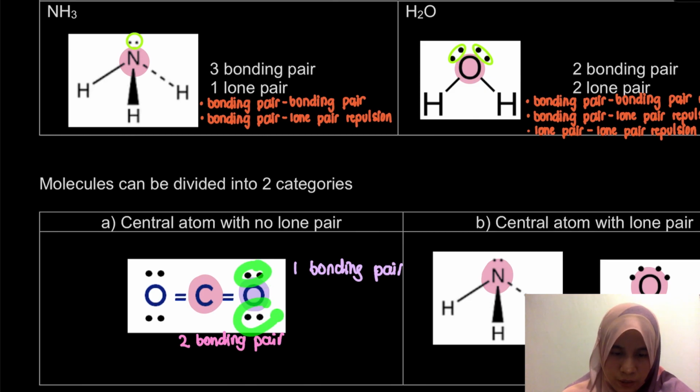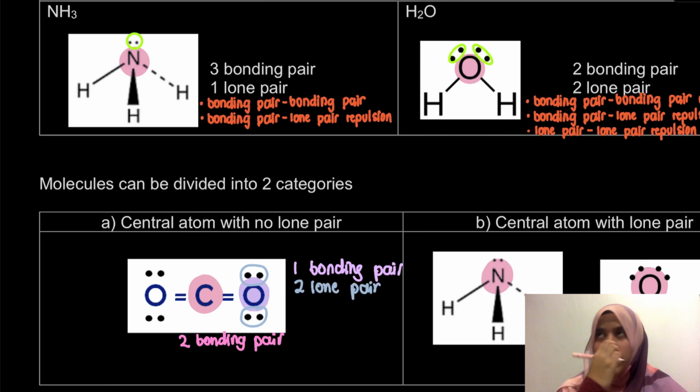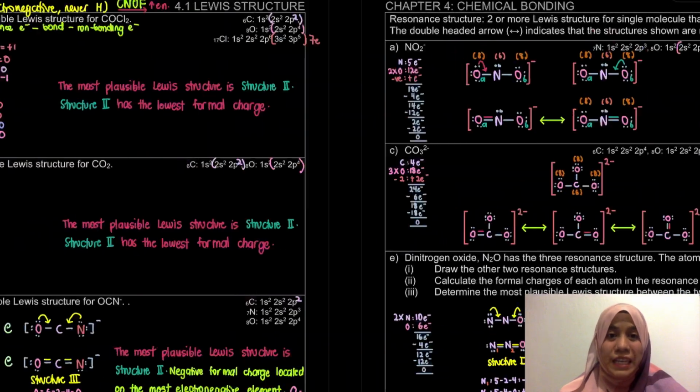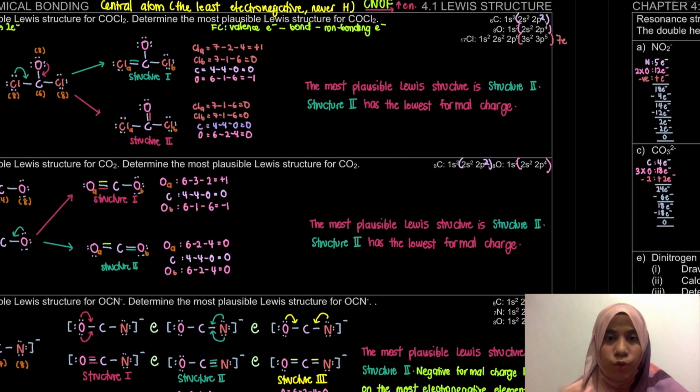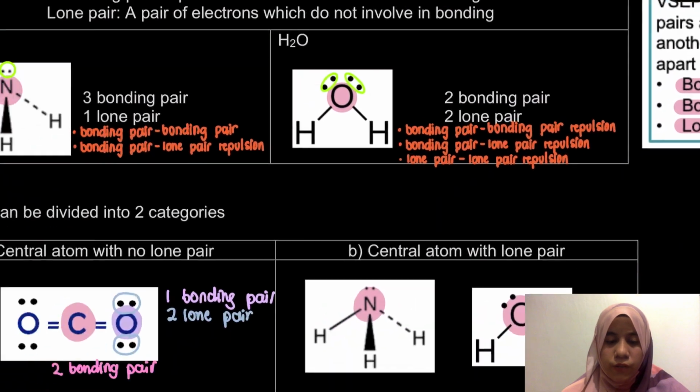So here on the oxygen we have 2 lone pairs. I'm just going to highlight this. Can you see? 1, 2. So it actually has 2 lone pairs. Before this we calculated the non-bonding electrons for formal charge, we used non-bonding electrons. But after this, in 4.2 and 4.3, we're going to look at the case of lone pair.